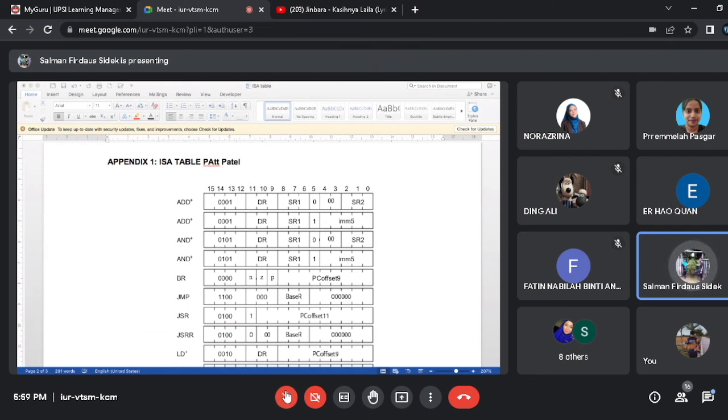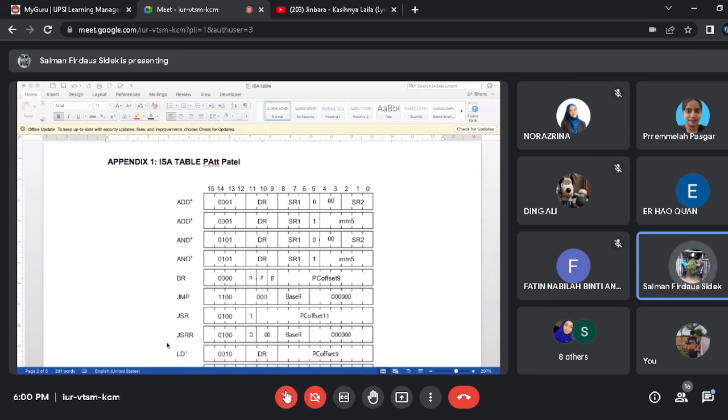I'm so happy. Okay, so I already sent you the ISA table through WhatsApp, so you can print it out if you want to look deep into it. Maybe you can jot down somewhere.